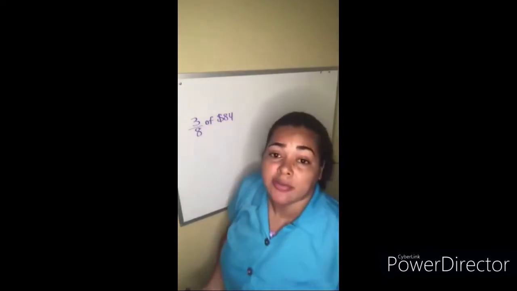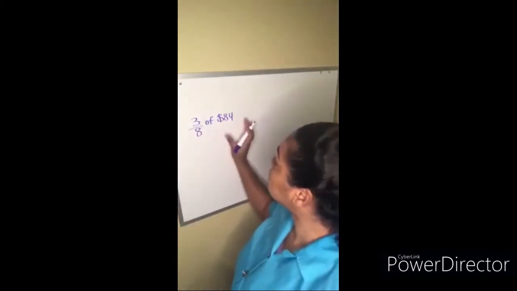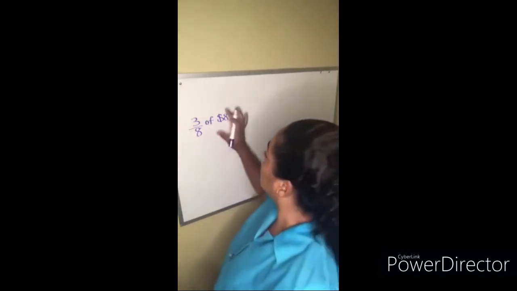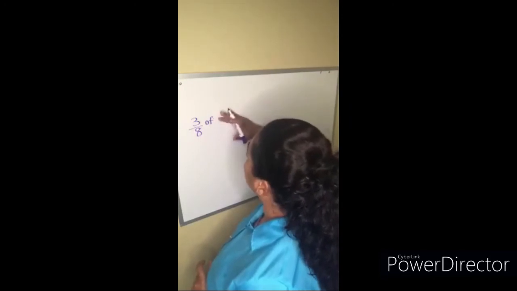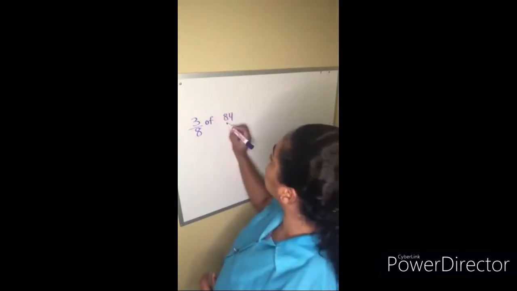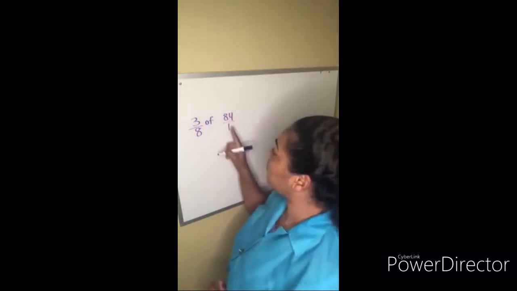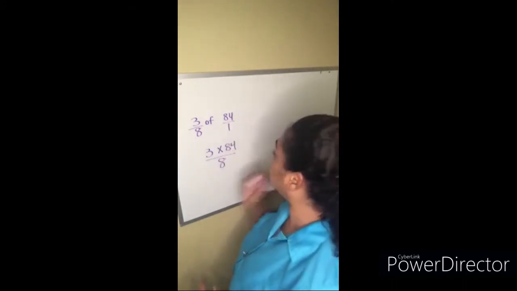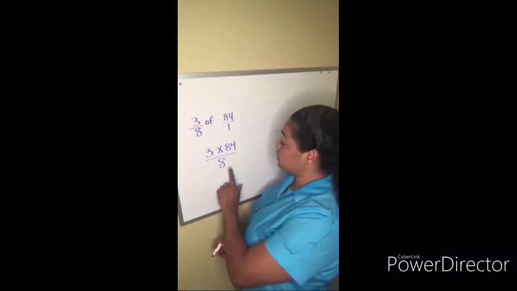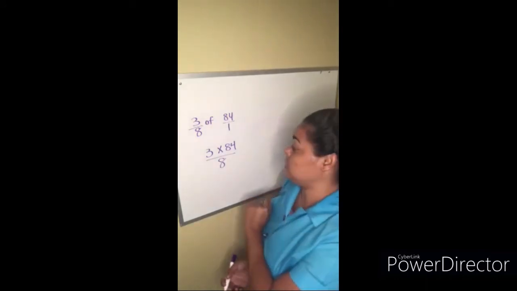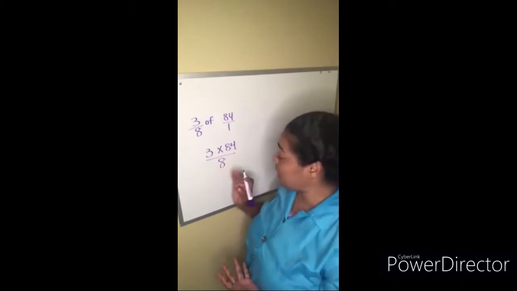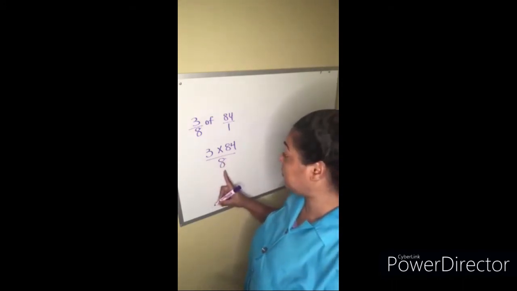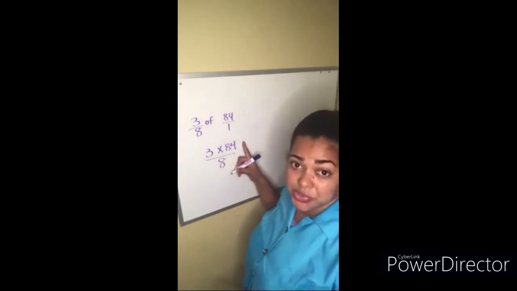So 3/8 of 84. This is how you would solve a problem like this. It's just like you would do any other fraction. You can do it this way, putting the number over 1, but I prefer to do it this way because it's easier. Simplify. What number can go into 8 that can also go into 84?